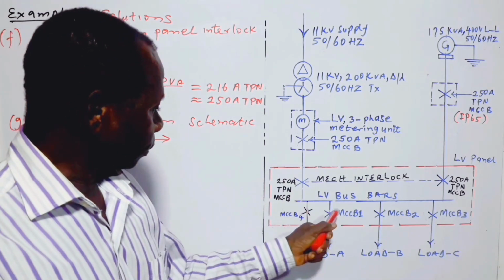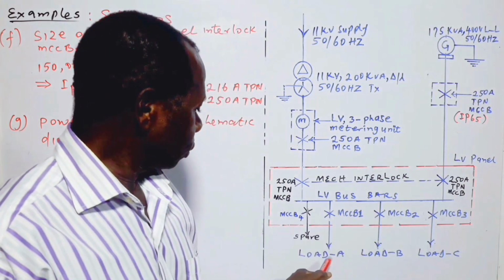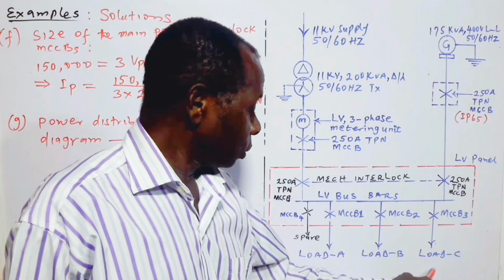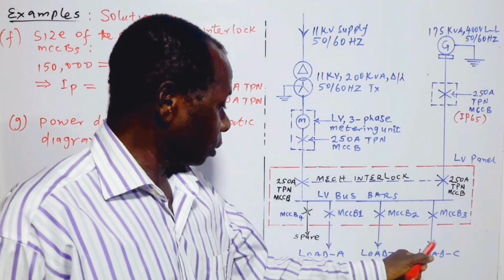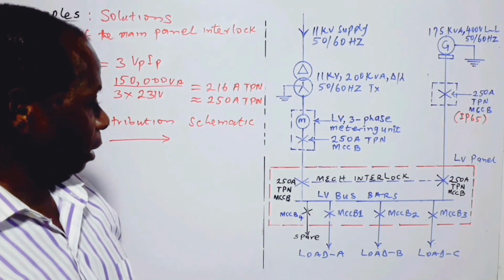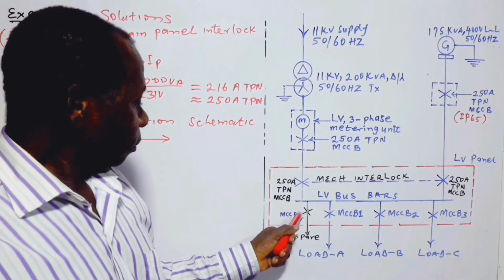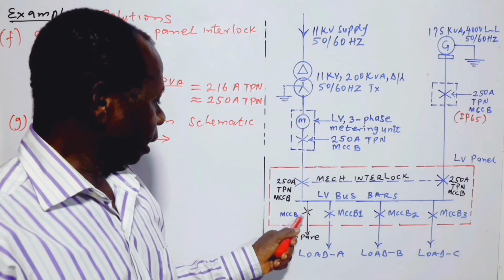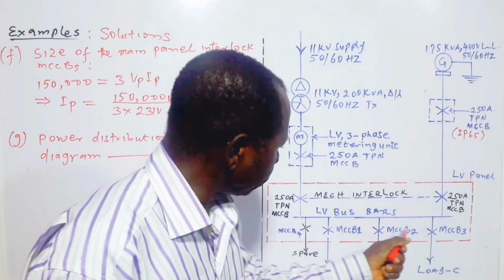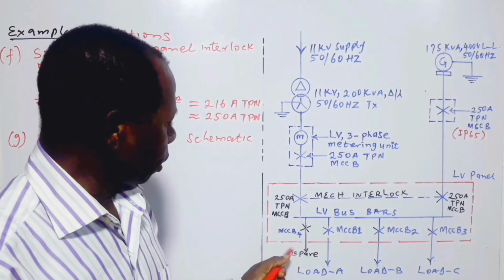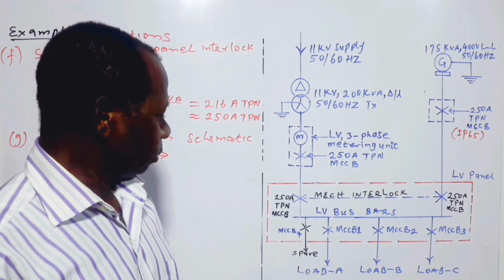From there we have MCCB1, MCCB2, MCCB3 feeding loads A, B, C respectively. Each of these loads A, B, C could be a load center. So we have 3 load centers there, and we have a spare outgoing here. The size of each of these MCCBs depends on the magnitude of the load connected to it, and that is it.